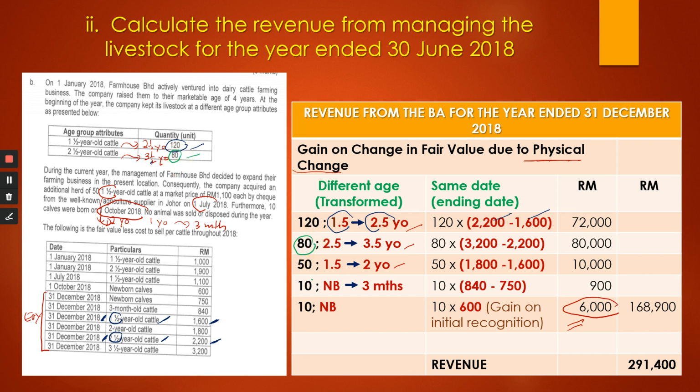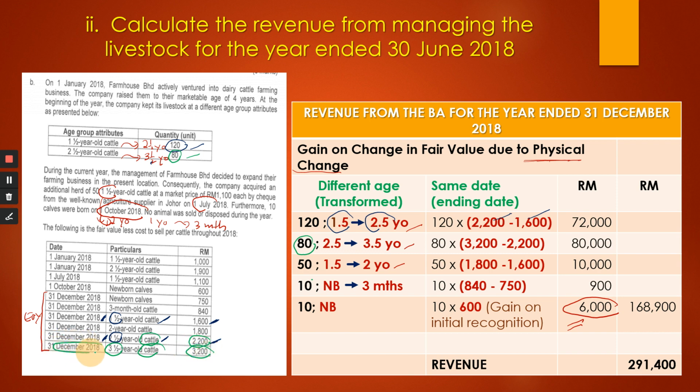Yeah, 80. Look at the price of the 2.5-year-old cattle, which is 2,200. And it will grow to become 3.5-year-old, the price here, 3,200.